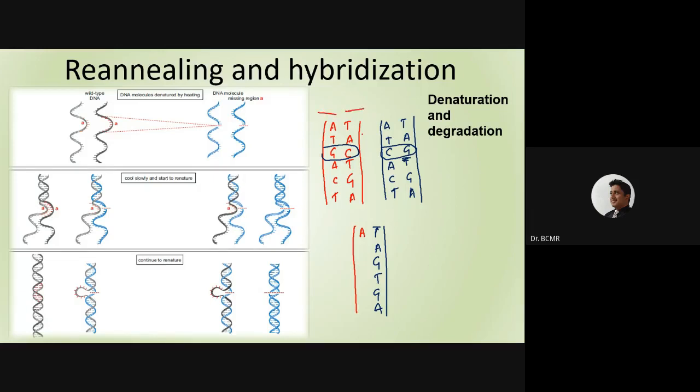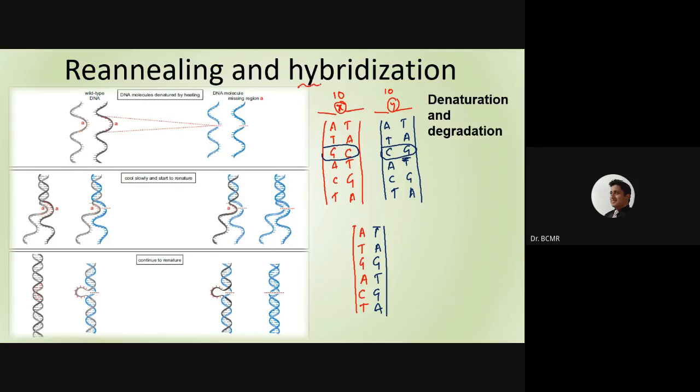Denaturation would have happened in this DNA molecule. The second one would also have denatured. And if you allowed them to mix, then what would happen is something like this. What may happen, it's not that it has to happen. Say if you had 10 molecules of double-stranded DNA X and 10 molecules of double-stranded DNA Y, you denatured and mixed them, then hybrids like this will form.